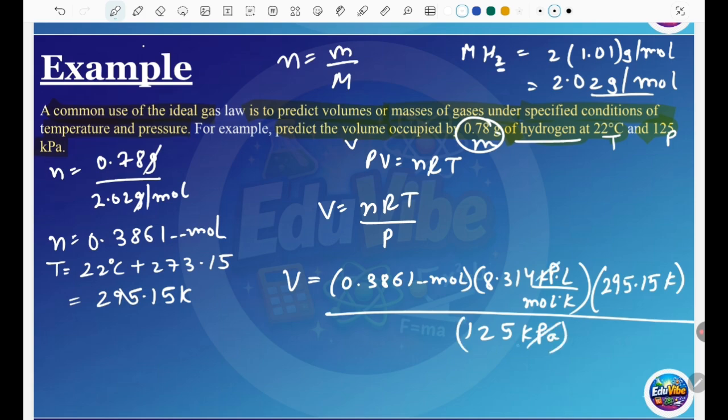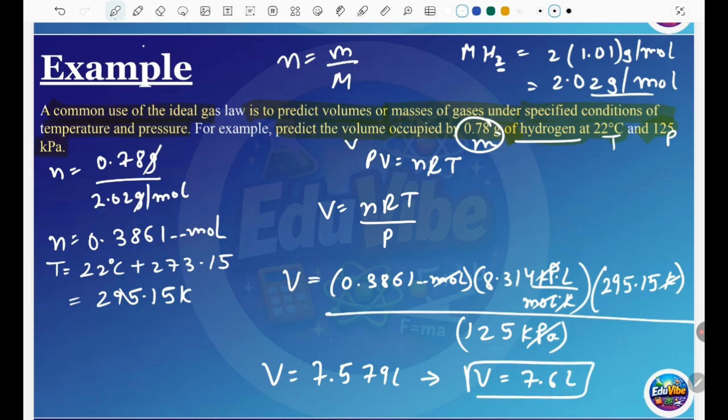Now the kPa cancel out, the moles cancel out, the Kelvin cancel out, and you get the volume in liters. When you solve this whole thing, you get something about 7.579 liters, which is about 7.6 liters. So this is the volume you have to find for the hydrogen.